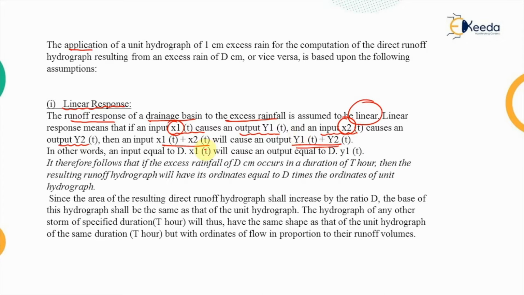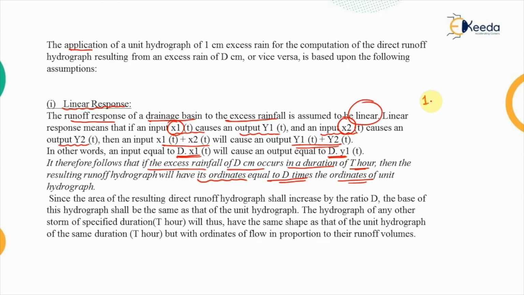That means, in other words, an input equal to d times x1 will cause an output equal to d times y1. So if the rainfall excess of d centimeter occurs in a duration of t hours, then the resulting runoff hydrograph will have its ordinates equal to d times the ordinates of the unit hydrograph.